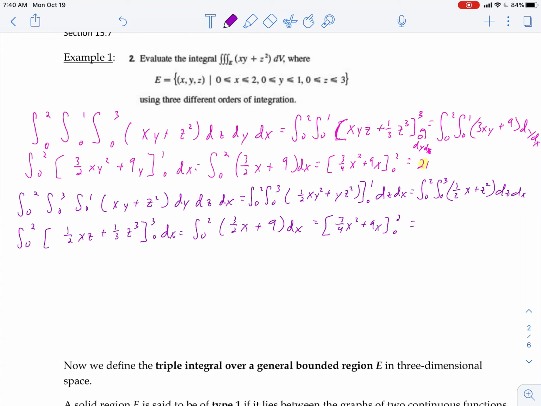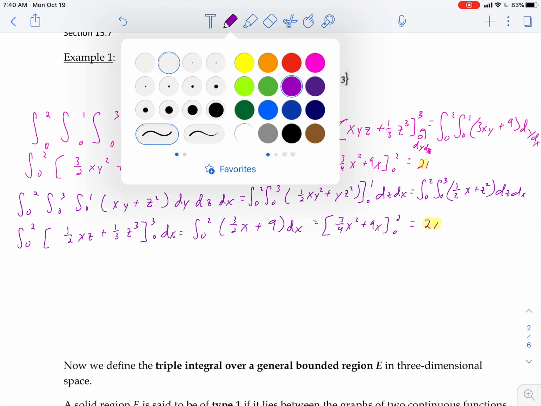So we get 3/4 x squared plus 9x from 0 to 2, and we're going to get 21 again.